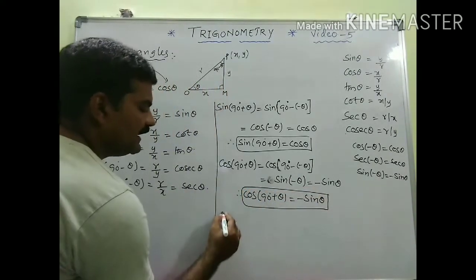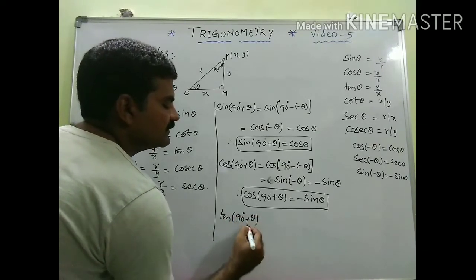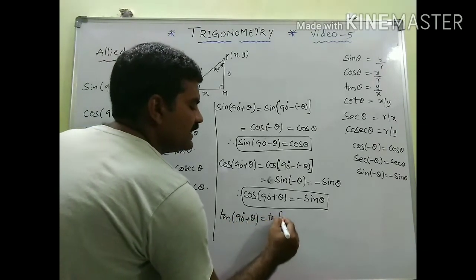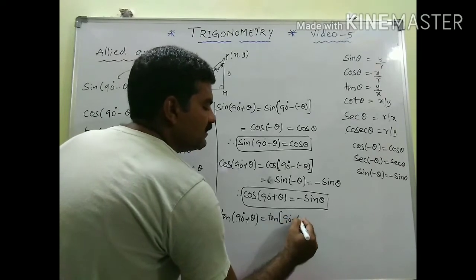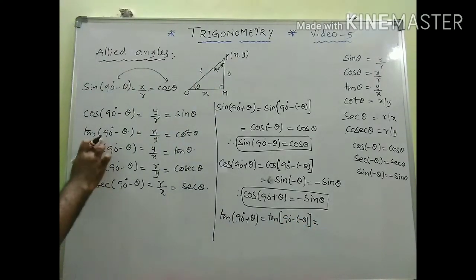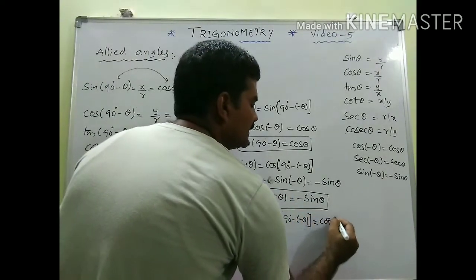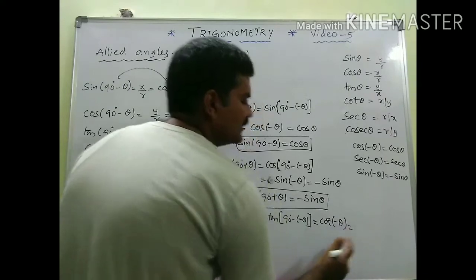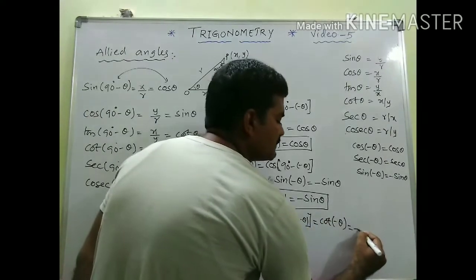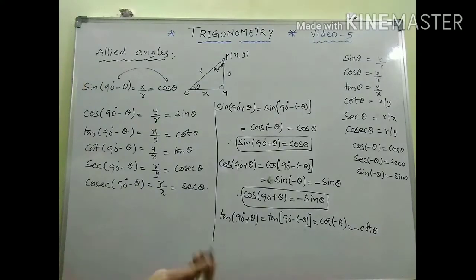Right? And let us see tan of 90 plus theta. In the same manner, it is tan of 90 minus of minus theta. Tan of 90 minus theta is nothing but cot theta, and theta here is minus theta. But cot of minus theta is minus cot theta. Hence, tan of 90 plus theta is minus cot theta.